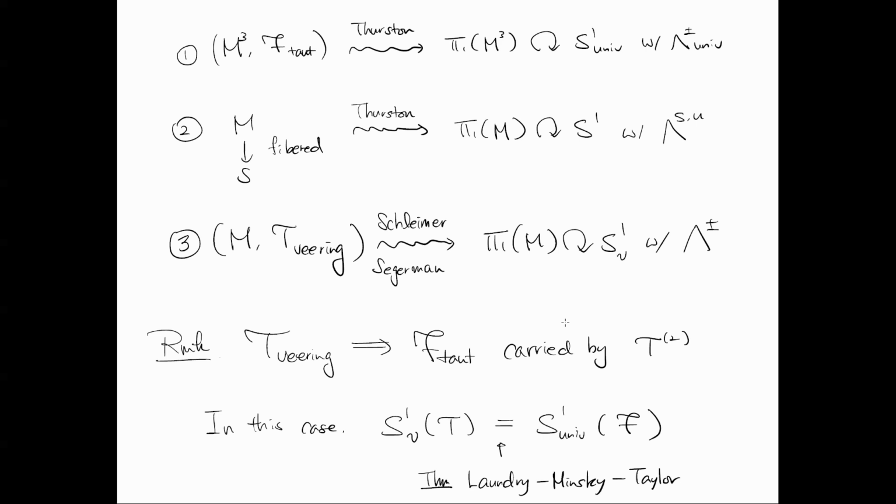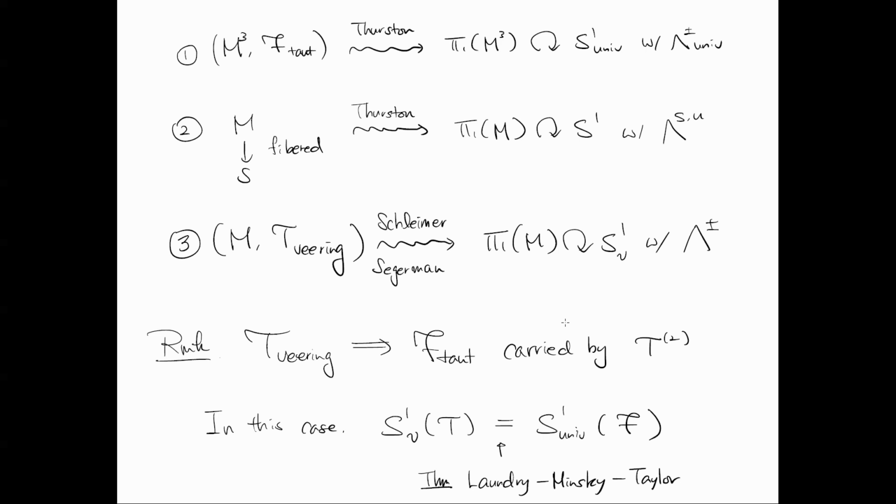Any faithful action of the fundamental group of M on S1 satisfying the data described in Thurston's theorem is called a universal circle, and even up to semi-conjugacy of the actions it is not unique. So it's just saying that this veering circle action does satisfy all the conditions which are supposed to be satisfied by the universal circle action of the taut foliation.